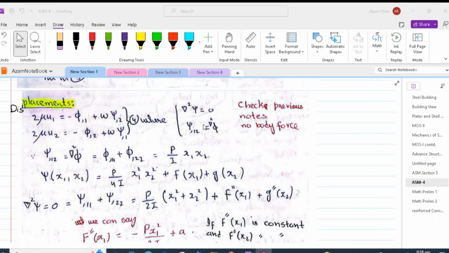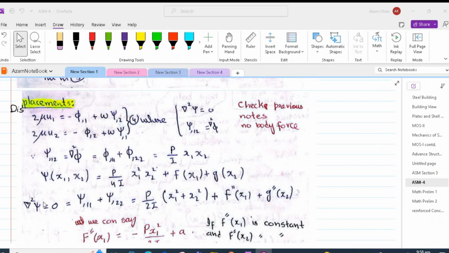So plugging values in these equations, we get psi comma 12 equal to P by I x1 x2. Psi then comes out to be P by 4I x1 square x2 square plus a function of x1 plus g of x2. So a function of x1 and a function of x2, remembering that this is actually a partial integration.